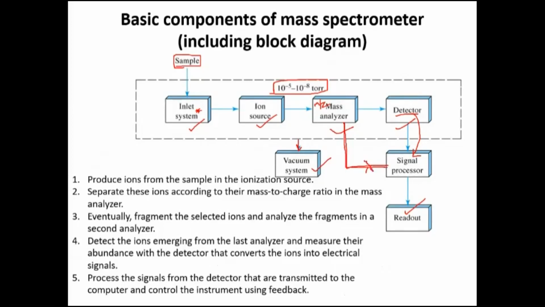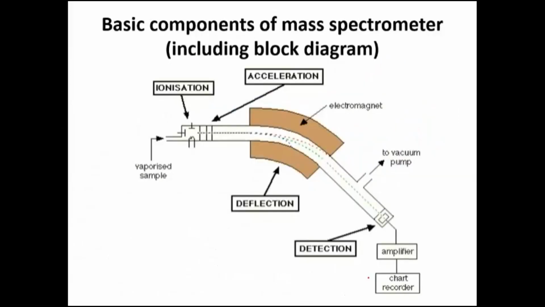So whatever electrical field or magnetic field is applied in the mass analyzer is relayed to the signal processor. Only then it may interpret the electrical signal given by the detector. This is another representation of the classic diagram.